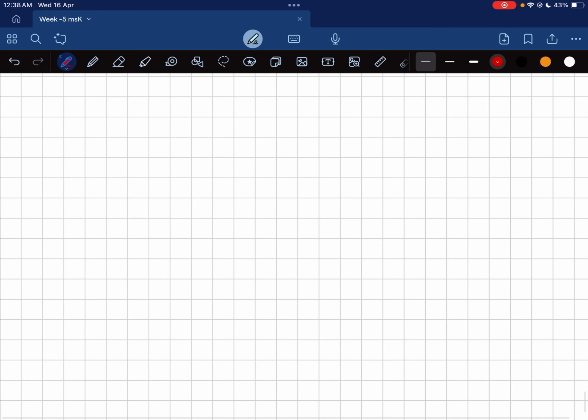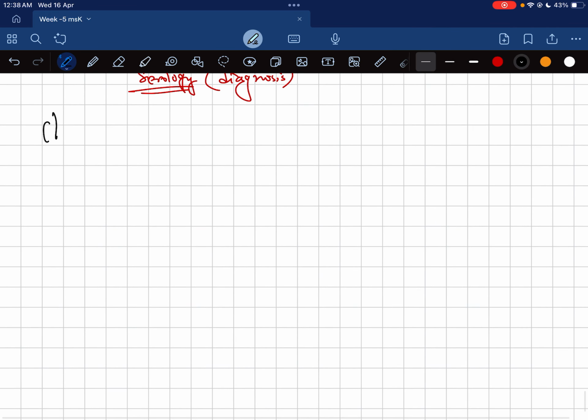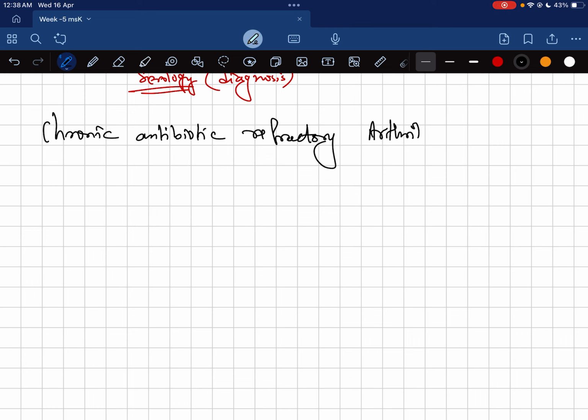Another one is chronic antibiotic-refractory arthritis.